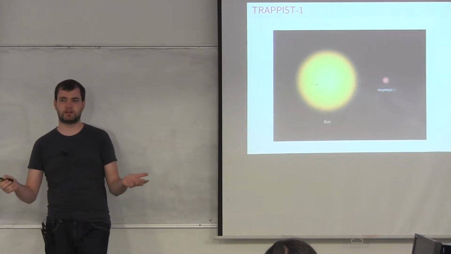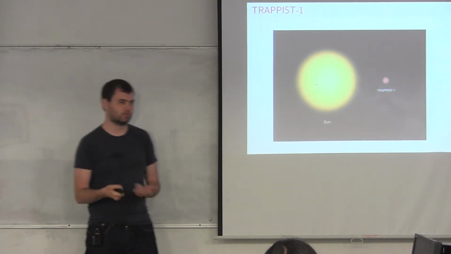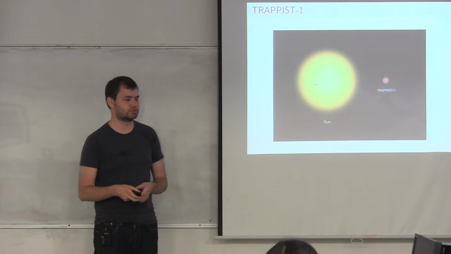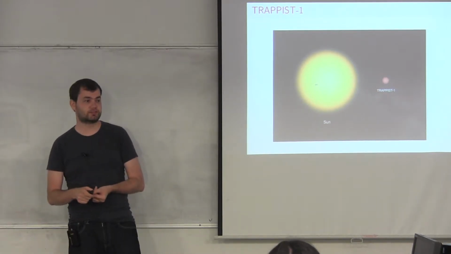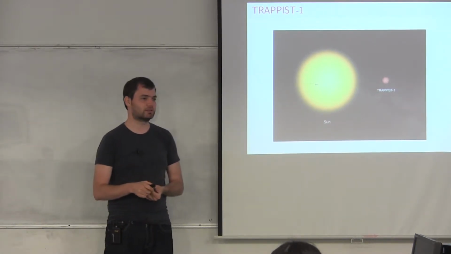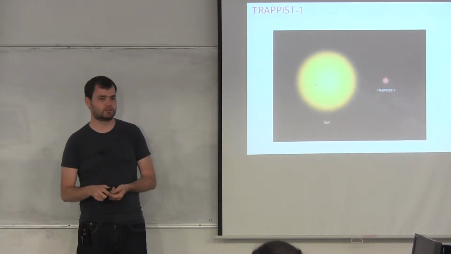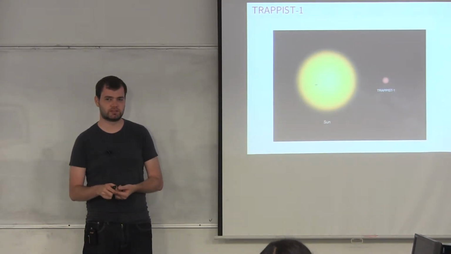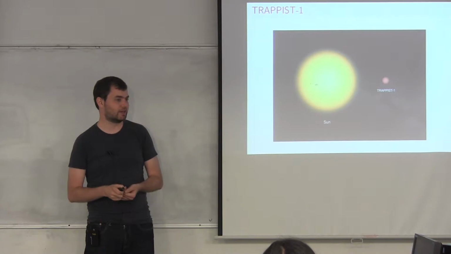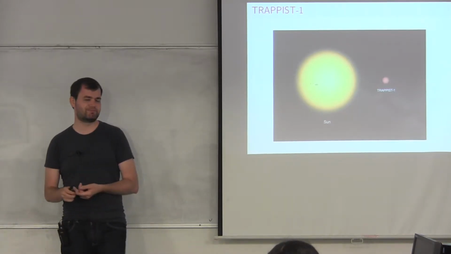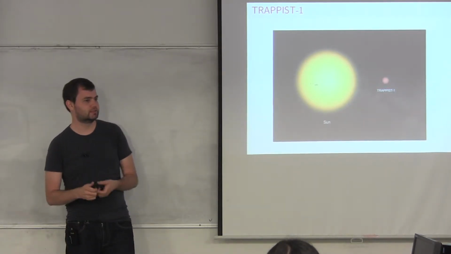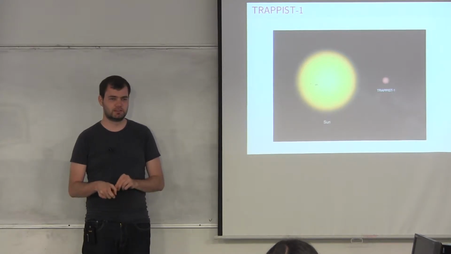So in principle, smaller stars are also less massive, so they'll move more, and so radial velocities would be easier. But in practice, it doesn't quite work that well because the smaller stars will also be a lot less bright, and so it's also a lot harder to do radial velocities in that way. So if only getting radial velocity precision was the goal, small stars are not necessarily the solution.